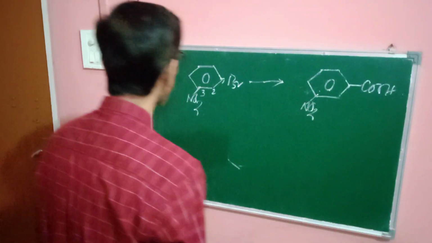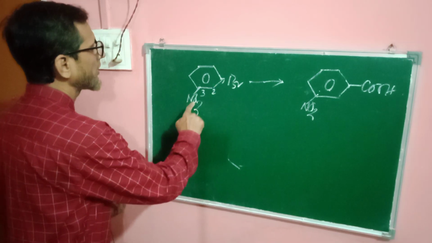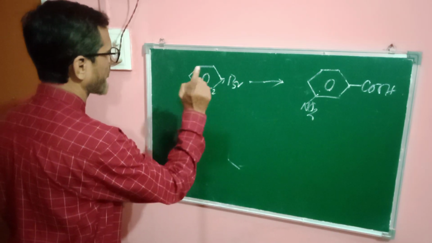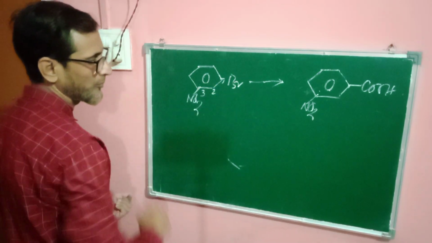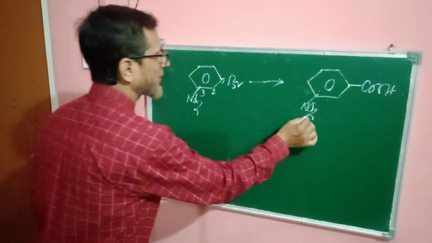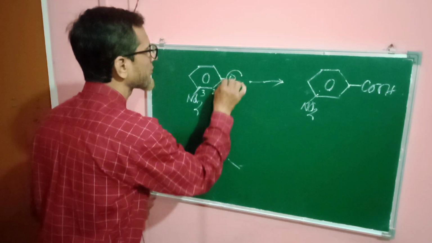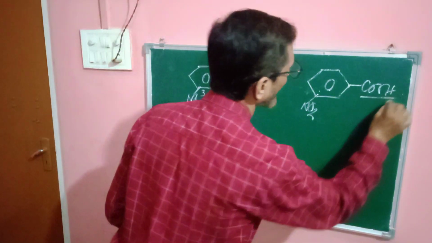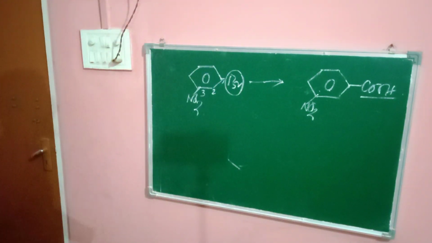So one thing you see, 3-nitrobromobenzene to 3-nitrobenzoic acid: nitro stays in its position, and there is COOH in place of bromine. You can't convert it directly.